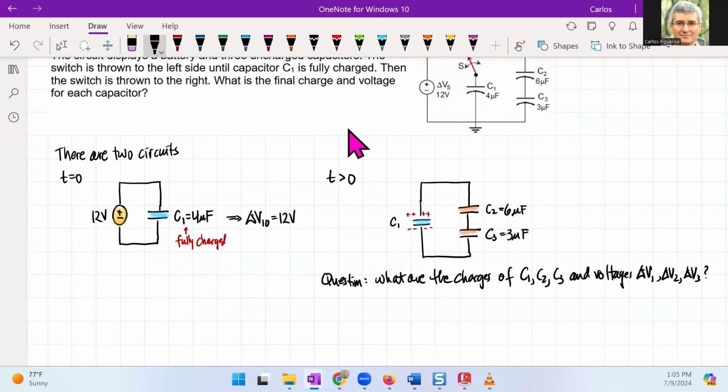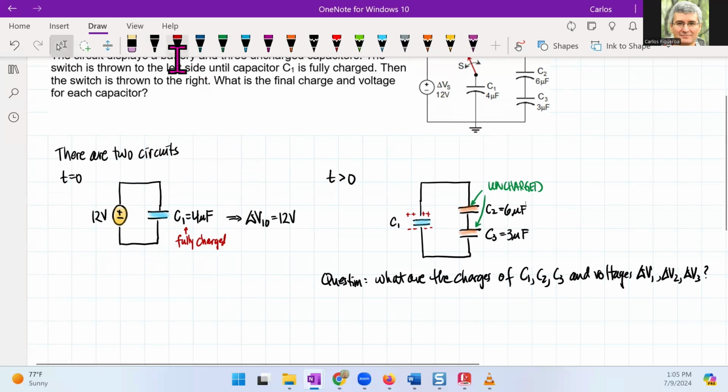So it's the second circuit that we're most interested in. So what do we want to do right now? Just to remind you, C2 and C3 are uncharged, whereas C1 is charged.